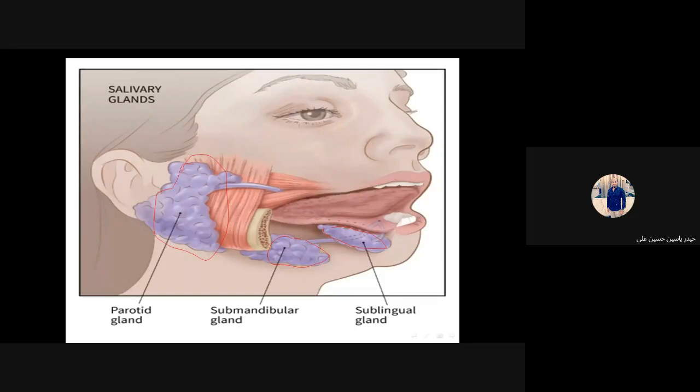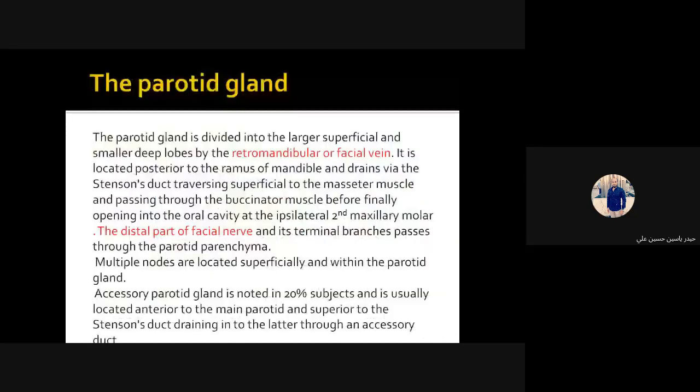The parotid and the submandibular glands each drain into the mouth through a single long duct. The sublingual gland drains through many small ducts into the oral cavity. So knowing the anatomical structures of the salivary gland is very important.